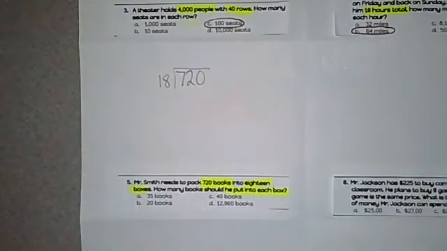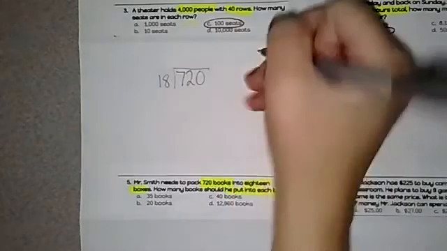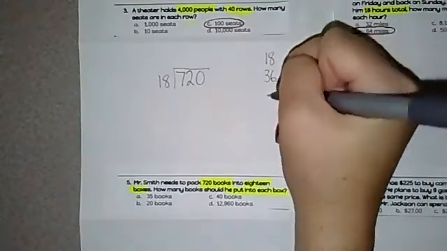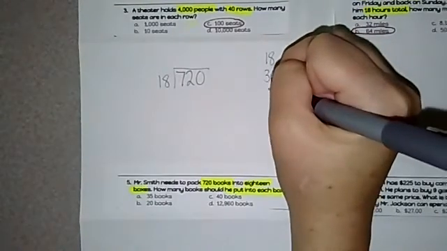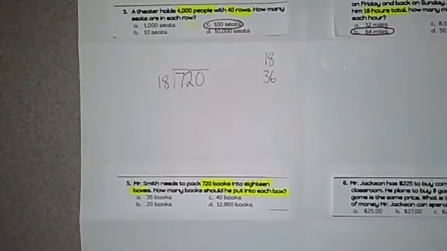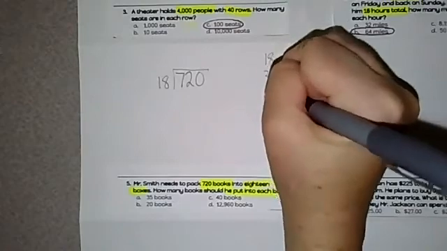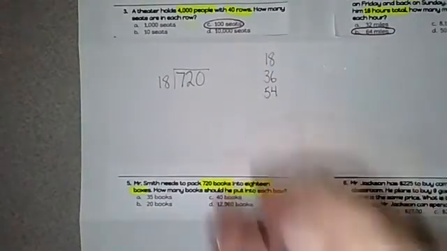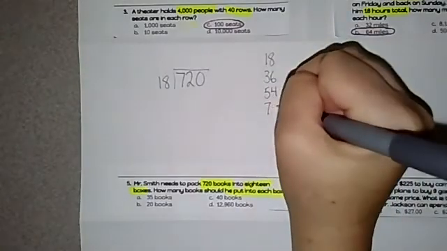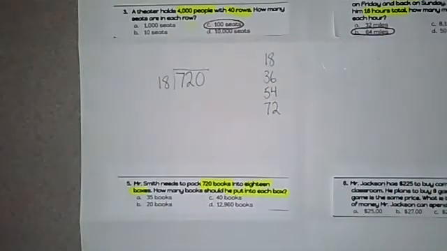All right. I'm going to list out the first couple multiples of 18. They are 18, 36. Another 18 would be, let's see, 36 plus 18 is 54. Plus another 18, I think is 72. Yeah, that's right. Okay, so we've got a couple. Oh, look, you guys, we're ready.